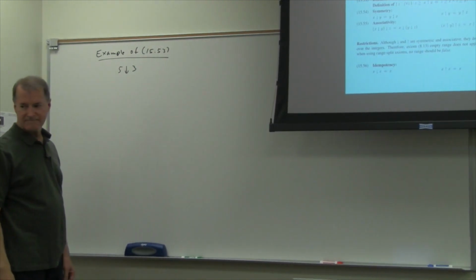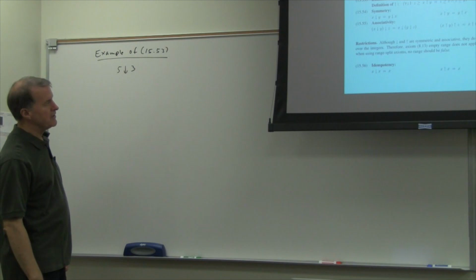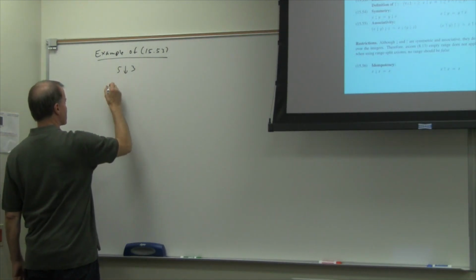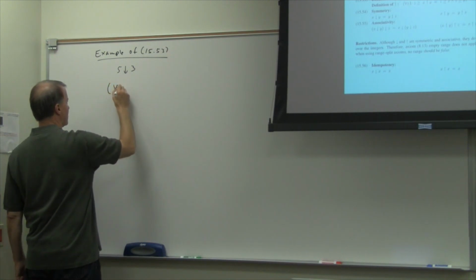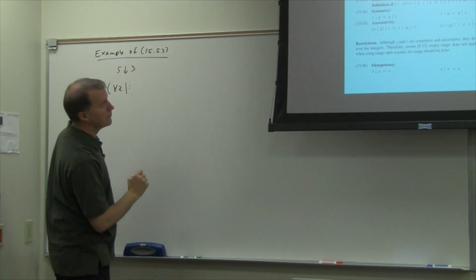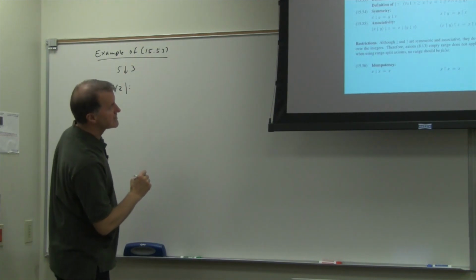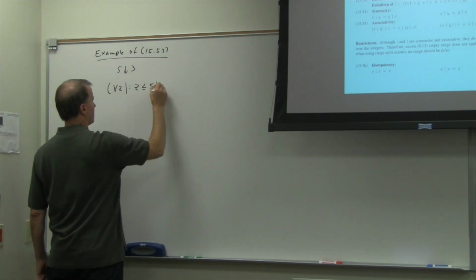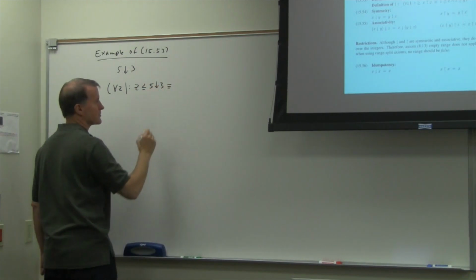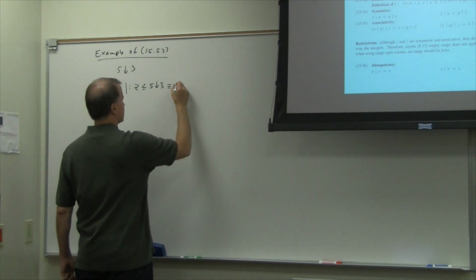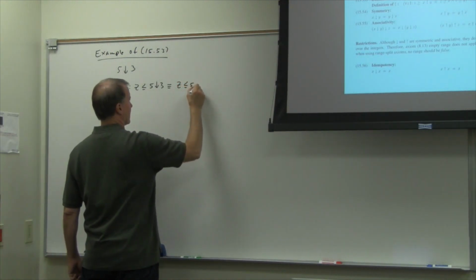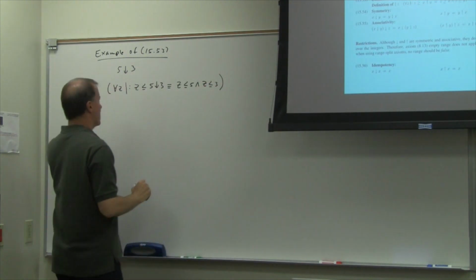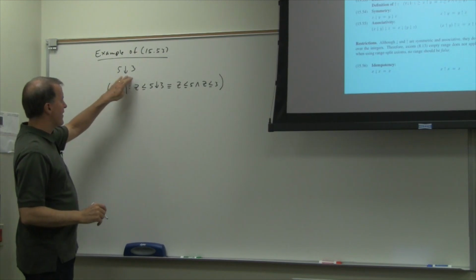So what does 5 min 3 mean? 5 min 3 is the number such that for all z, z is less than or equal to 5 min 3 equivales z is less than or equal to 5 and z is less than or equal to 3. All right? So this is what's true about 5 min 3.